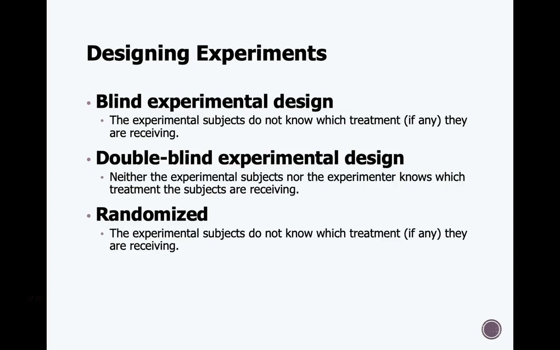Some people might, but they want their experiment to work, and they want to see improvement, and they want to help people. And so there are some things that you can do to ensure that, one, you're not getting the placebo effect, and two, that you're not accidentally introducing bias into your design. So you can do what we call a blind experiment.